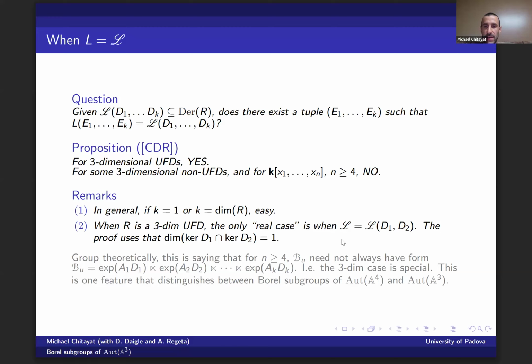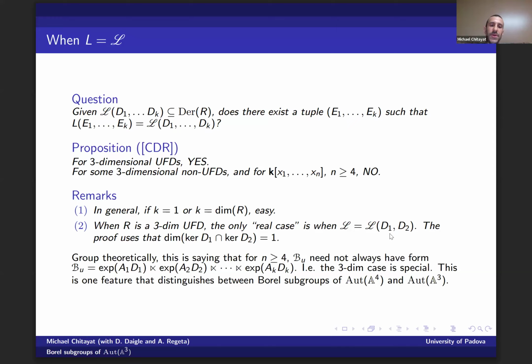And the fact that this is true depends heavily on the fact that the dimension of the intersection of the two kernels is 1. And so somehow this is a very big restriction that says that you can always do exactly what we did in Perepechko's previous example.